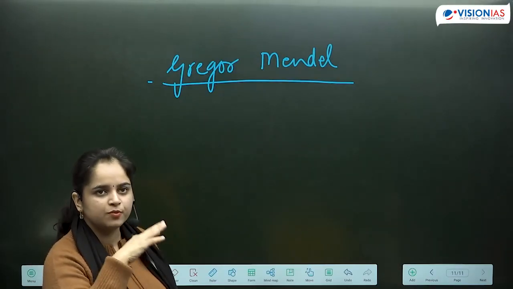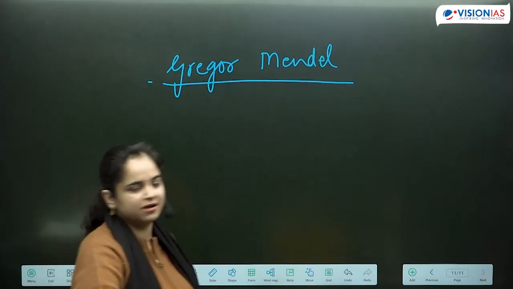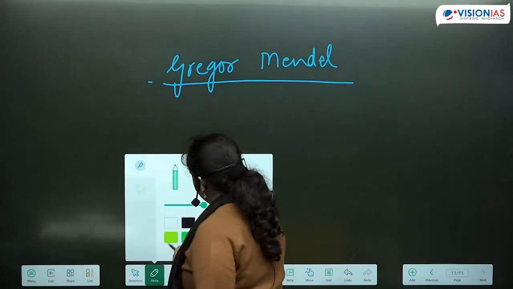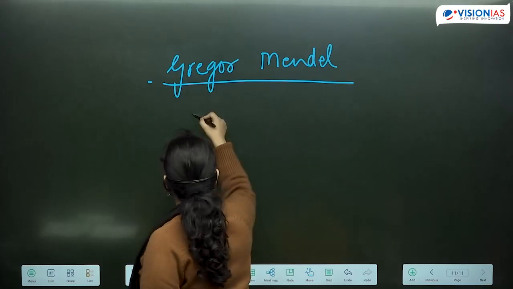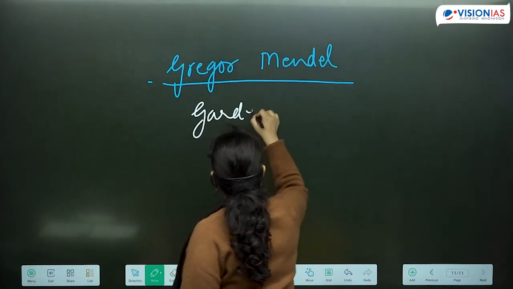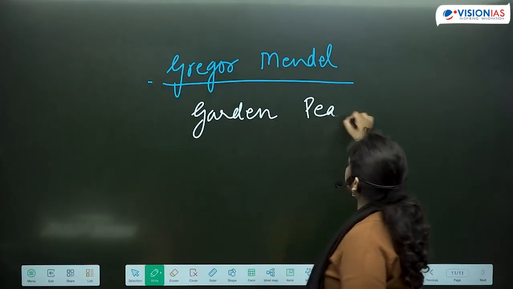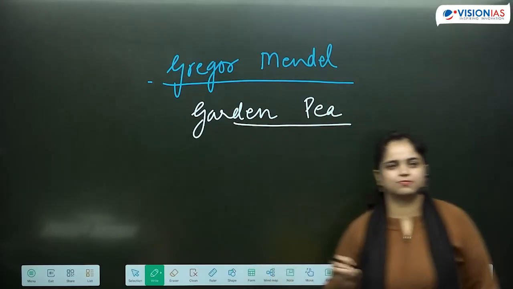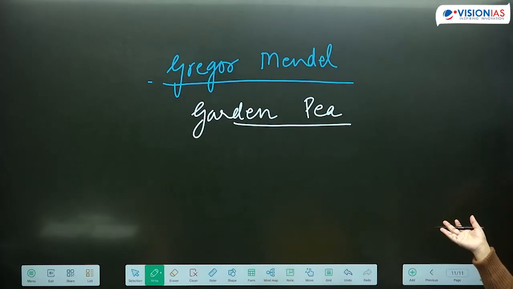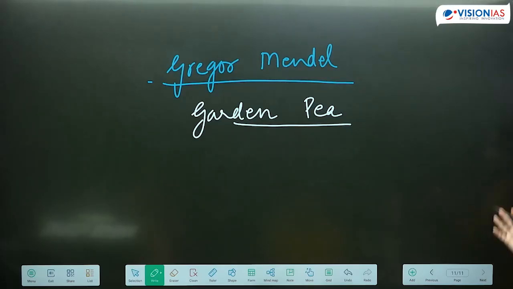So we are going to take a little help from the experiment which he conducted to understand inheritance of characters. He studied inheritance with the help of this plant, garden pea, your normal matar ka plant. Mendel was not working in any university or lab or anywhere.